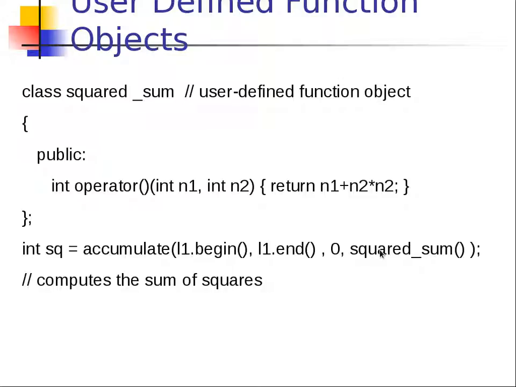So this is called a functor. Notice the class only contains one function, but the function is on the operator open close parentheses. So the way you pass that function of an object to a function is by putting the class name open close parentheses, and it'll pass that function.